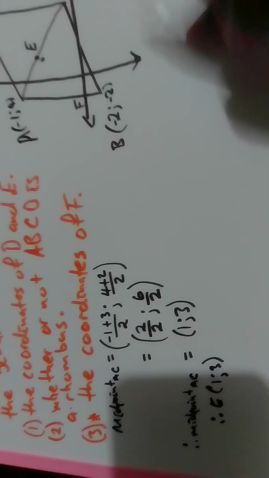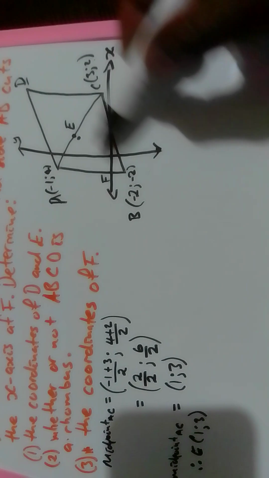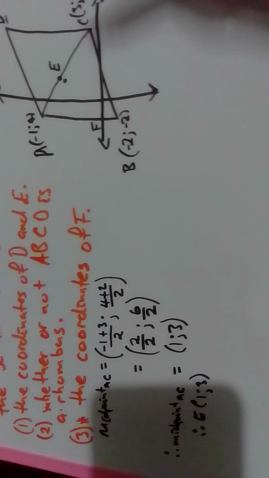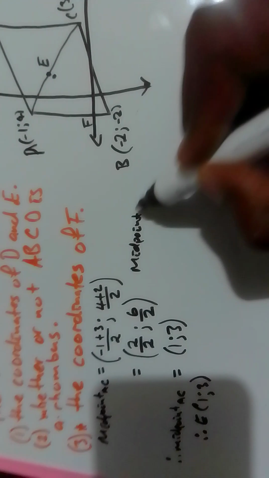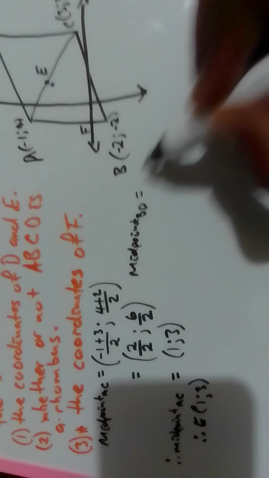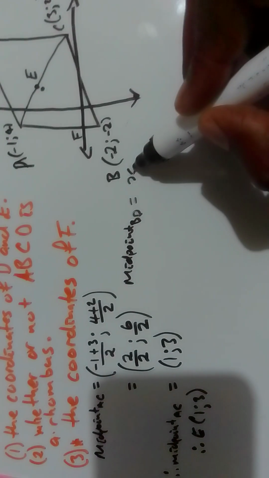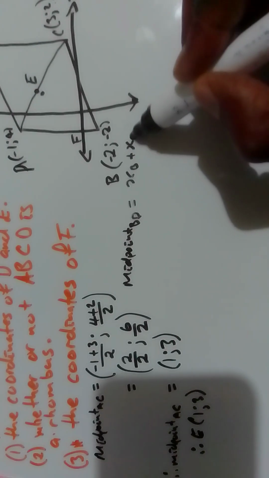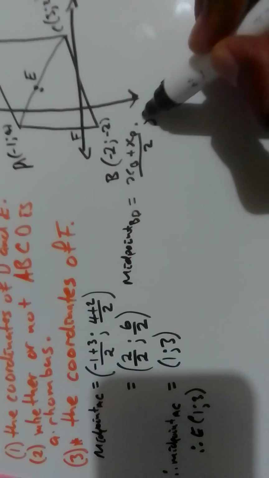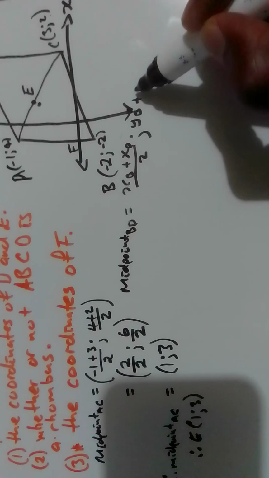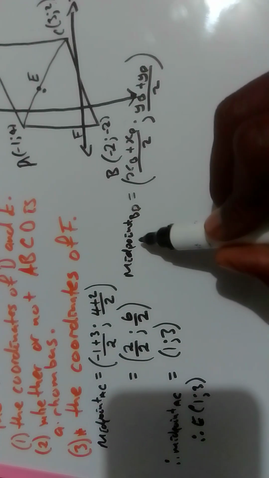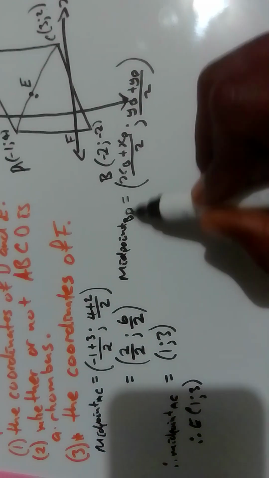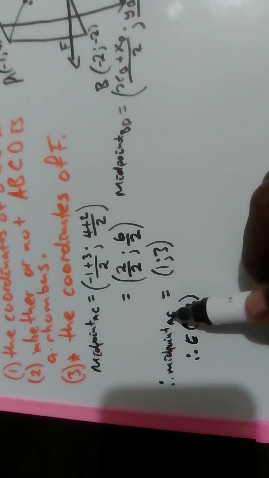So in the case of line BD, the midpoint, let me write it. We would say the midpoint of BD is equal to (XB plus XD) divided by 2, and (YB plus YD) divided by 2, like that. However, in this case, what do we have? We know that the midpoint for BD is the same as the midpoint for AC.